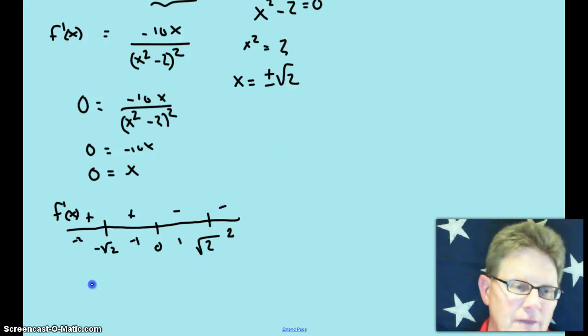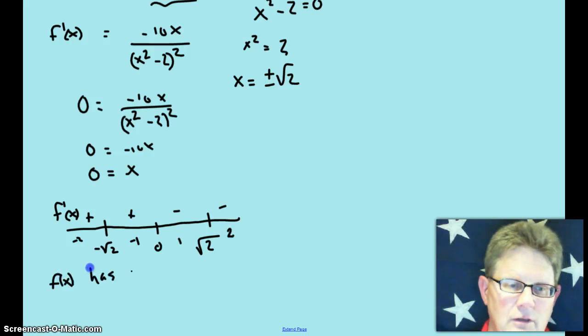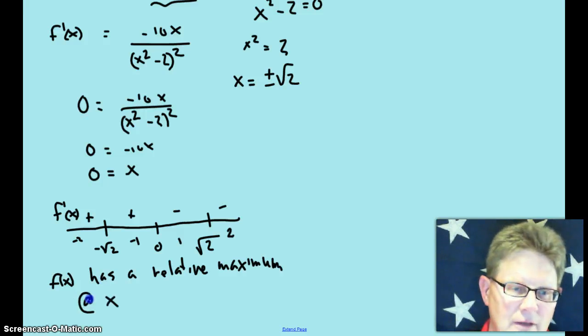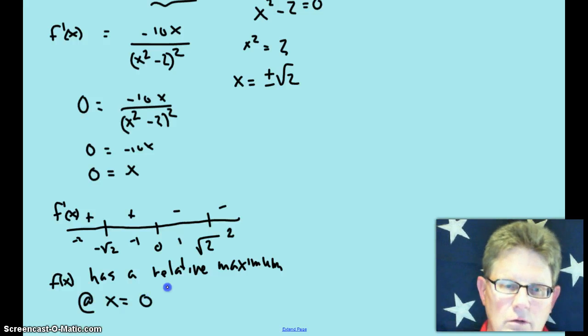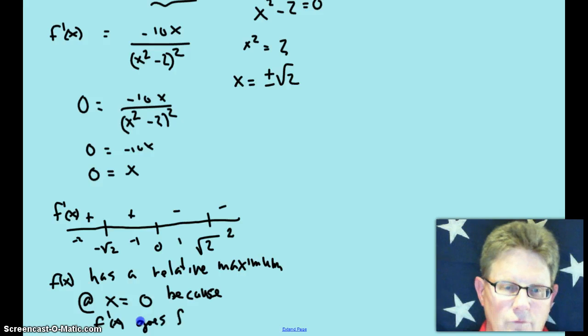So on this, f of x has a relative maximum at x equals 0 because f prime of x goes from positive to negative.